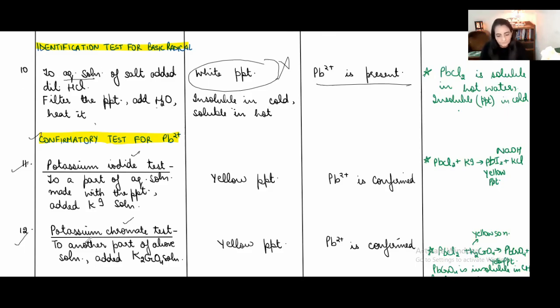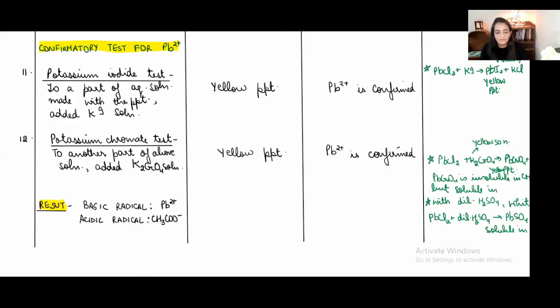Okay, so we are going to write two confirmatory tests, and this has to be followed by the result. So you will finally write the result. It carries marks in exams, so you should not miss the result. Result means basic radical is lead ion and acid radical is acetate ion. This is how we report salt analysis.